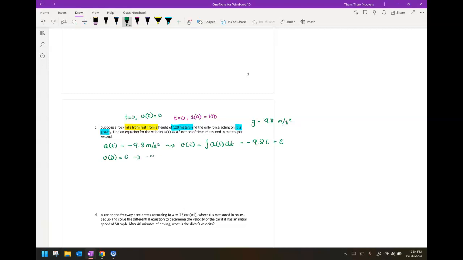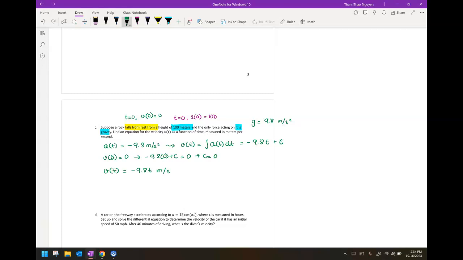This implies negative 9.8 times 0 plus c equals 0, so c equals 0. So then the velocity of the rock is negative 9.8 t, and this is in meters per second, because the only force acting on the rock is gravity.